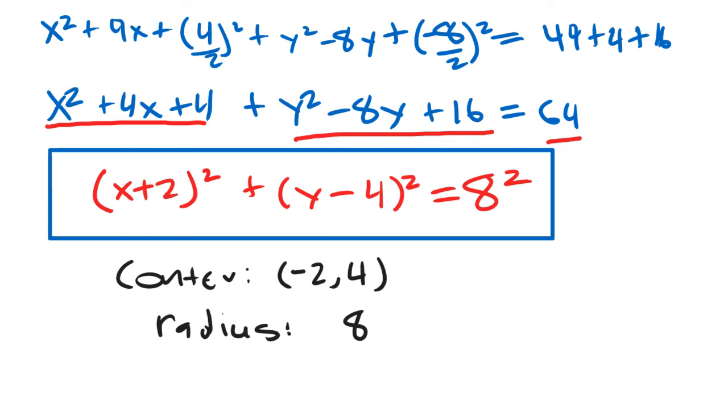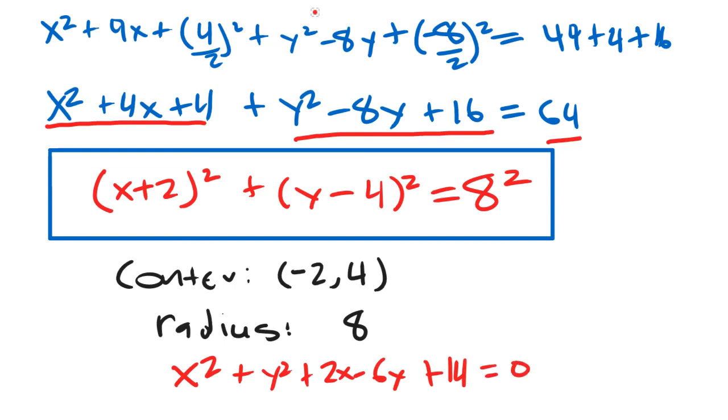So if we wanted to check whether an equation is a circle or not, we could try the equation x squared plus y squared plus 2x minus 6y plus 14 equals 0.